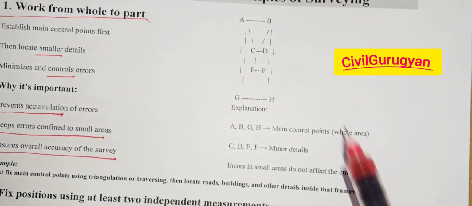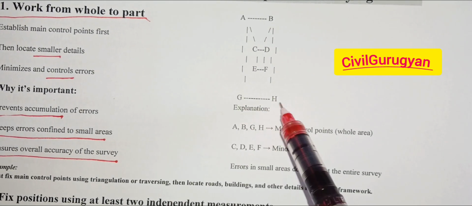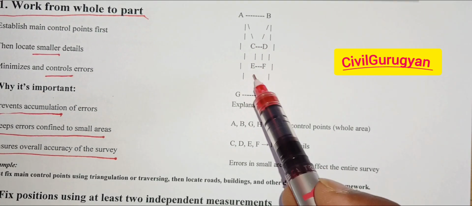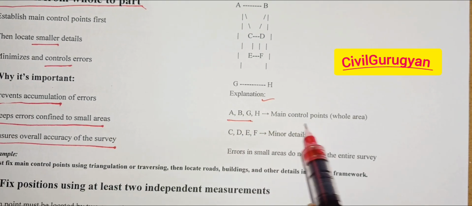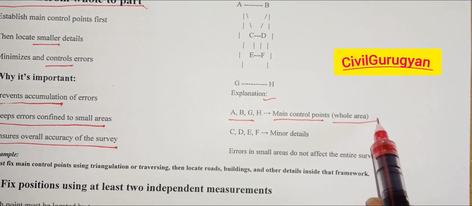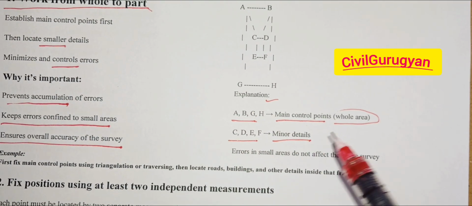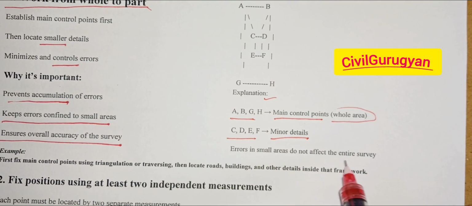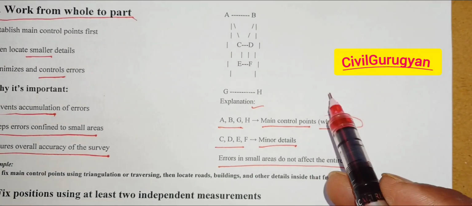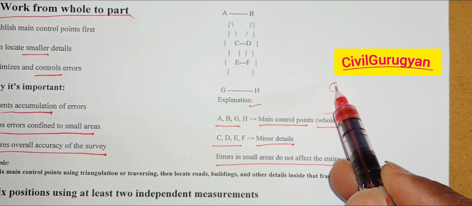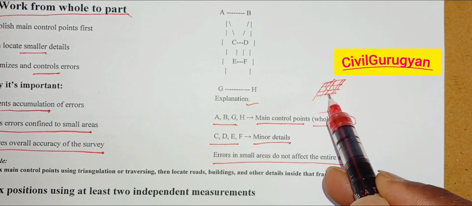In the figure, we can clearly see there are 4 points A, B, G, H outside and inside are C, D, E, F. Explanation: A, B, G, H are the main control points of the whole area and C, D, E, F are the minor details. Errors in small areas do not affect the entire survey. For example, if an error comes in a small survey area, it does not affect the entire survey which we have done.